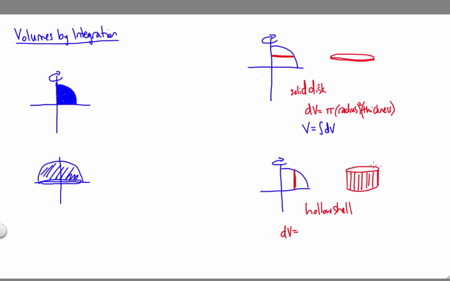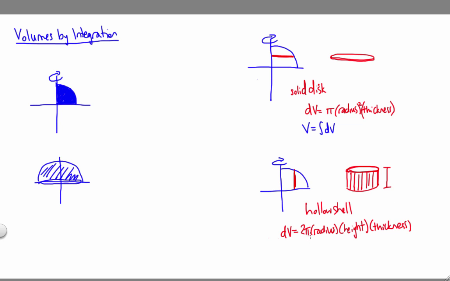Now if we're imagining this very thin, hollow can of soup with no top or bottom, let's think about how much metal we would need for that can, so that would be the volume of this hollow shell. Well, we would need to build the circumference here, so that would be 2 pi times the radius. We would need to multiply by the height, so that would be this dimension here, and then multiply by the thickness of the metal, meaning the thickness of this hollow shell.